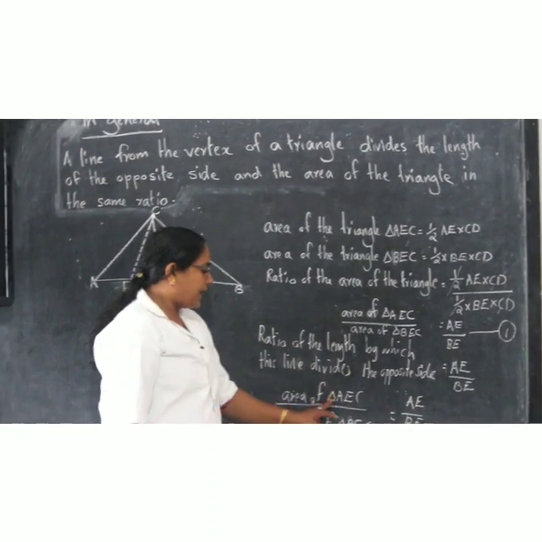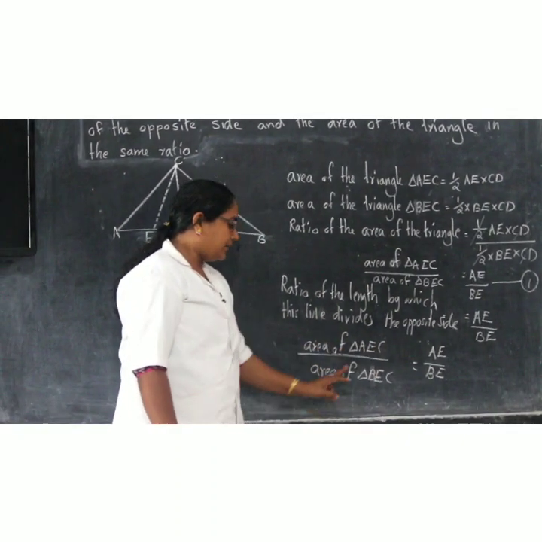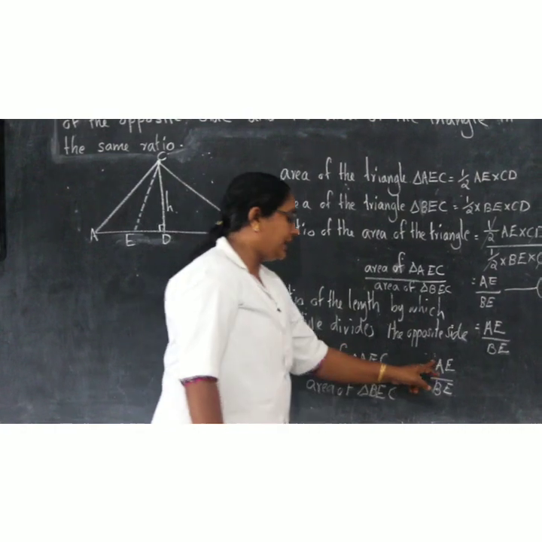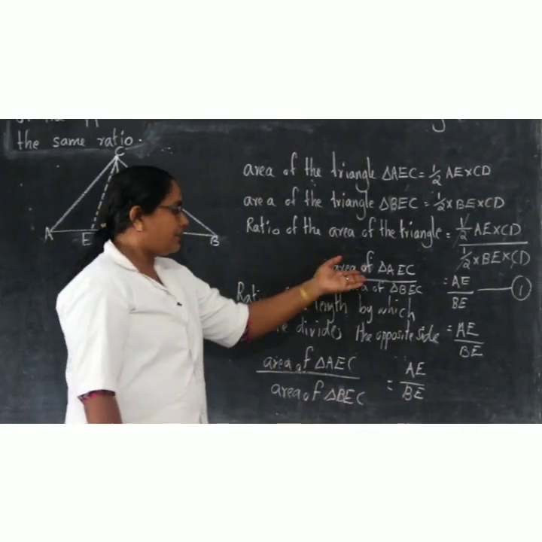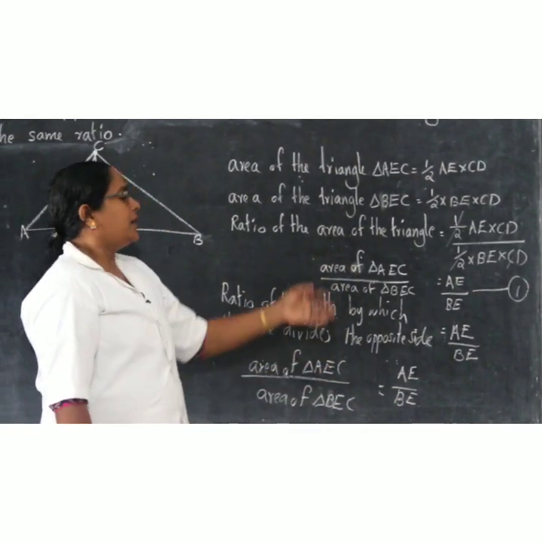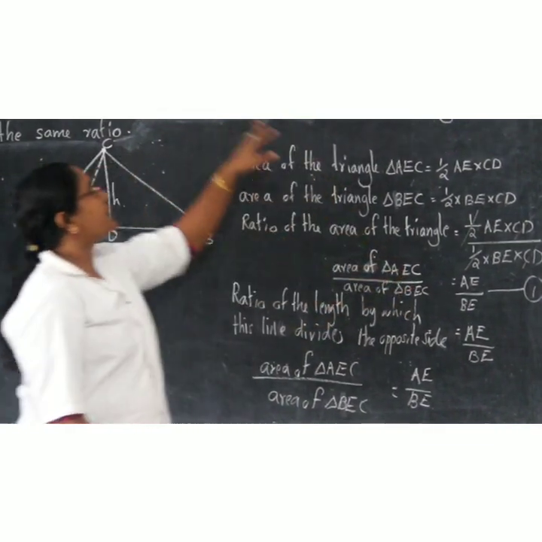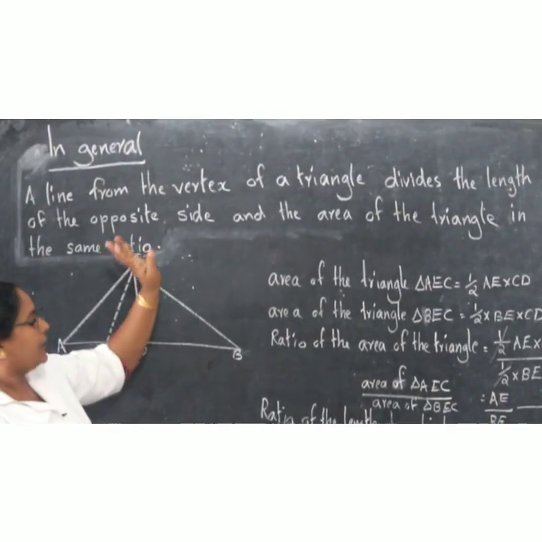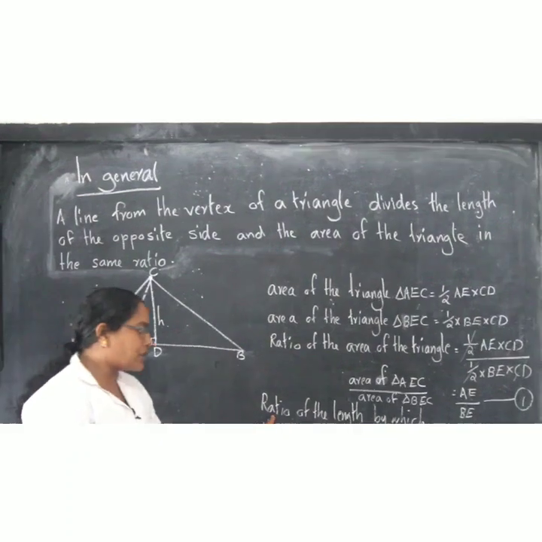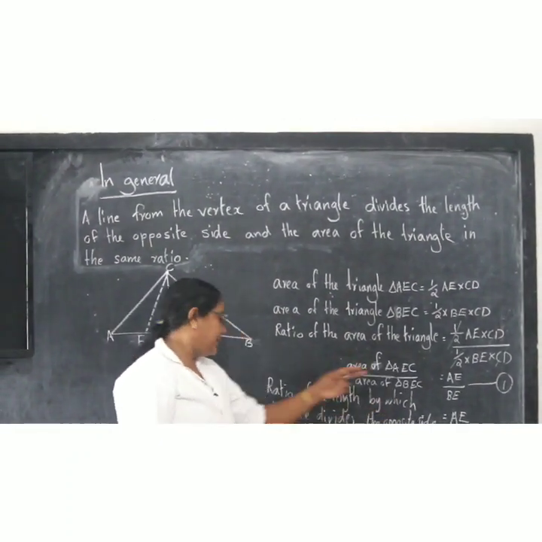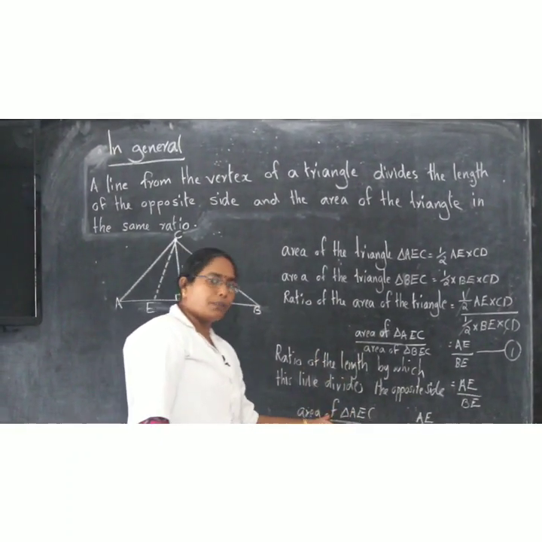The ratio of the area of triangle AEC to the area of triangle BEC is already AE by BE. From these two conditions, the ratio of the areas of the triangles is equal to the ratio of the lengths by which the line divides the opposite side.